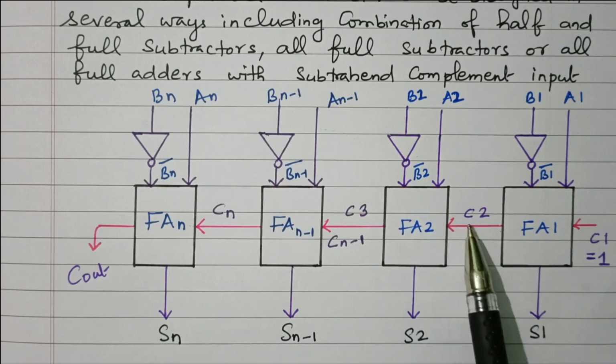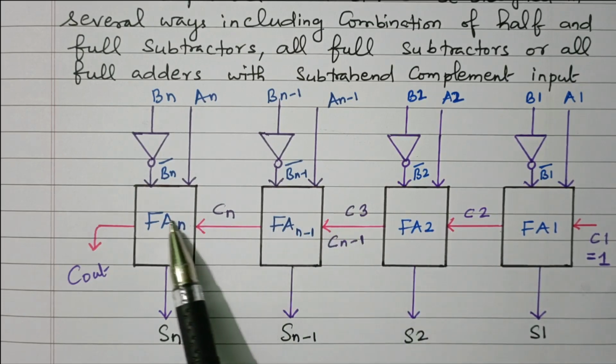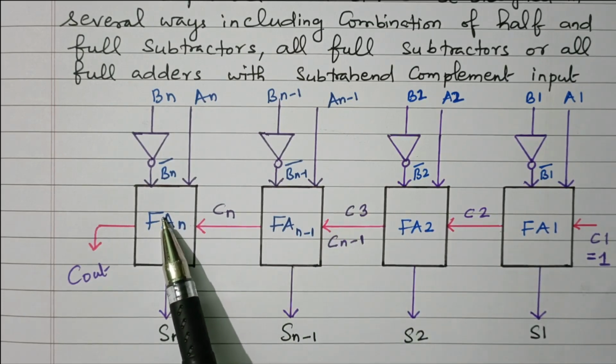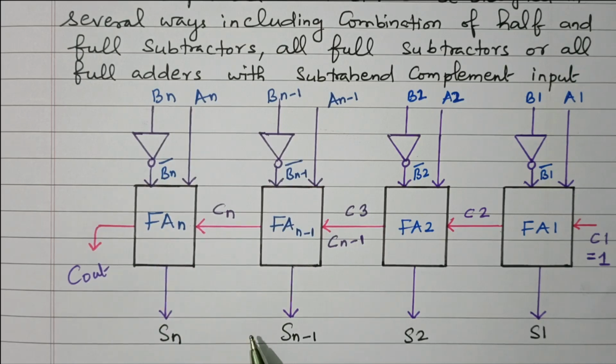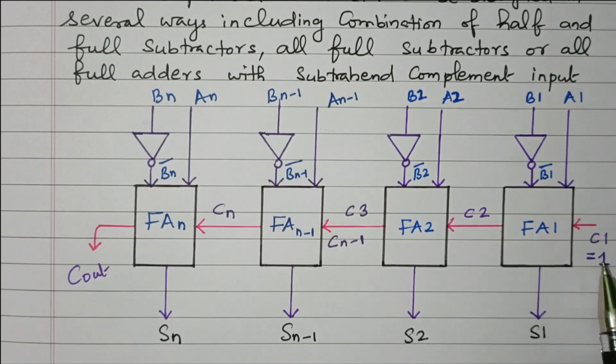Then S2 is given. Similarly we are doing it for n bits of the first number and second number, right? The first number is added with the 1's complement plus 1, so it becomes the 2's complement.